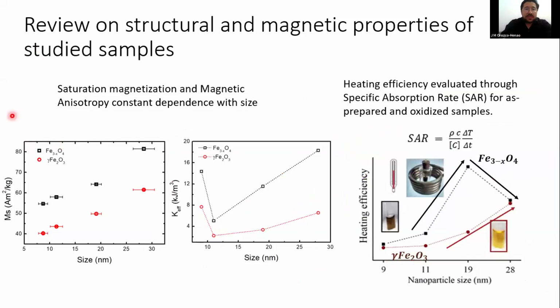Here we see results on saturation magnetization and effective anisotropy as a function of the mean nanoparticle size of the studied samples. This includes, of course, results for as-prepared samples in black and fully oxidized samples. We made a process to convert the initial nanoparticles to maghemite nanoparticles.